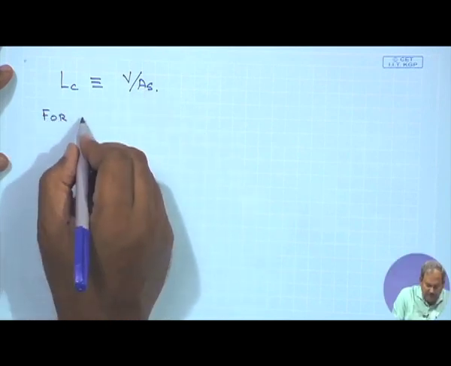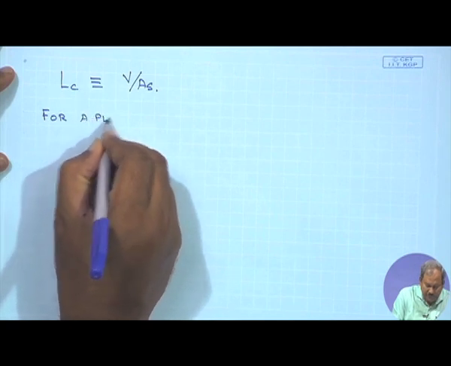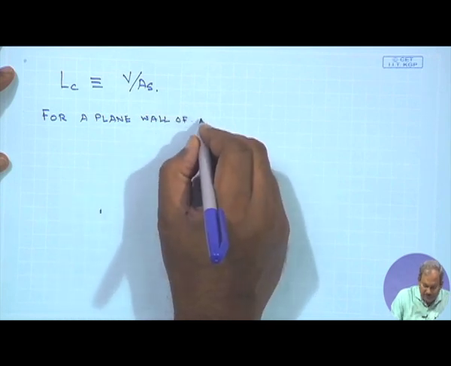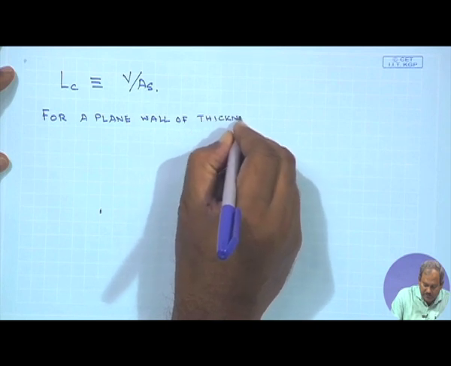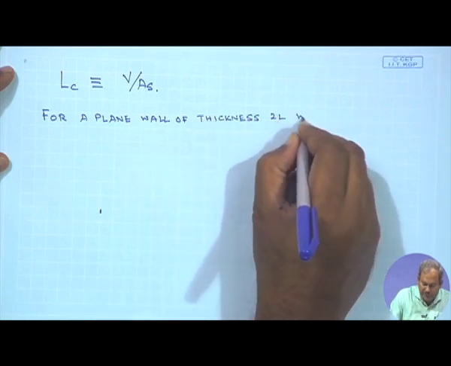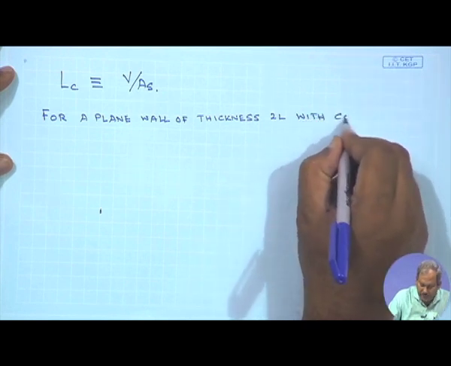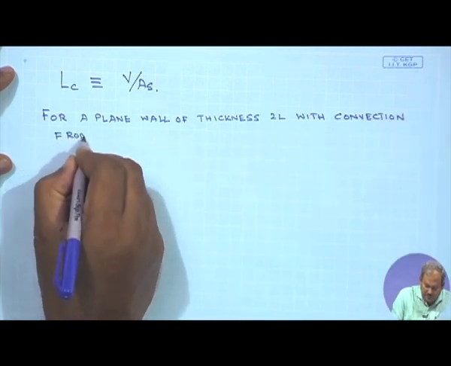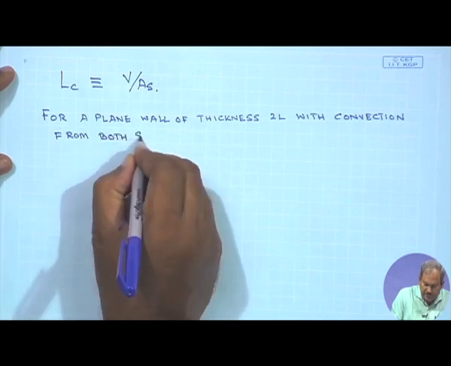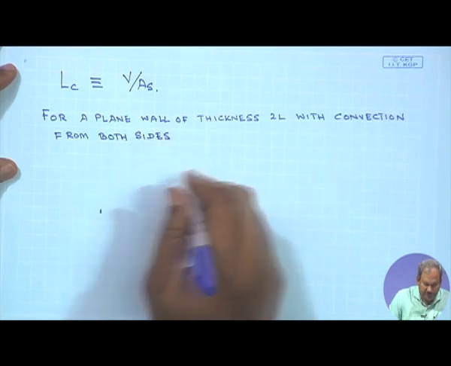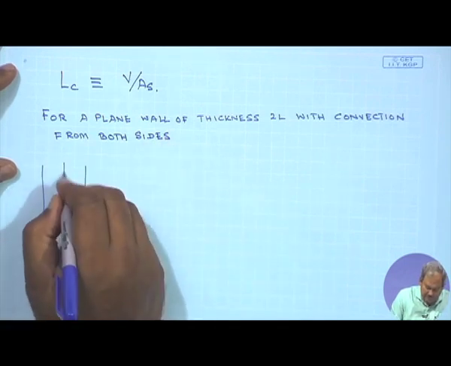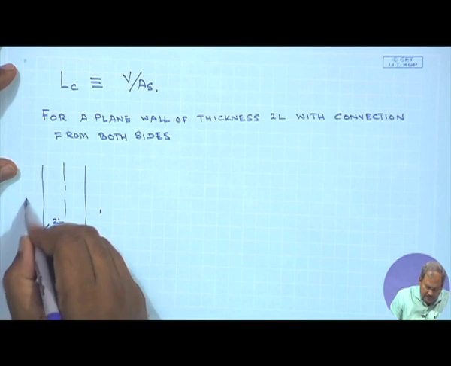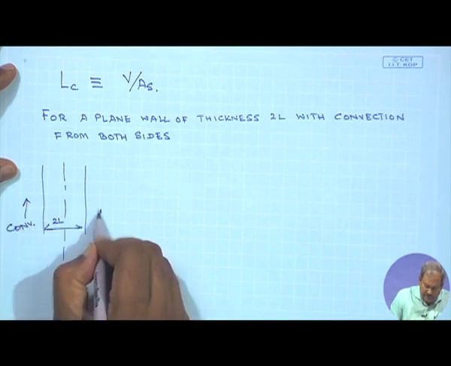Therefore, a simple geometry would tell you that for a plane wall of thickness 2L, with convection from both sides, the figure that I have drawn initially, you have a system like this: the total thickness of this solid is 2L, and you have convection here as well as here.